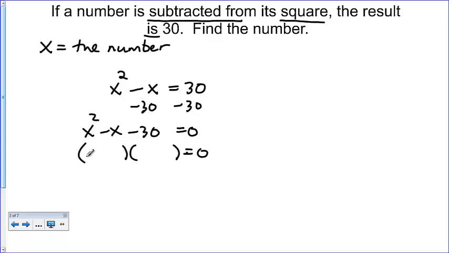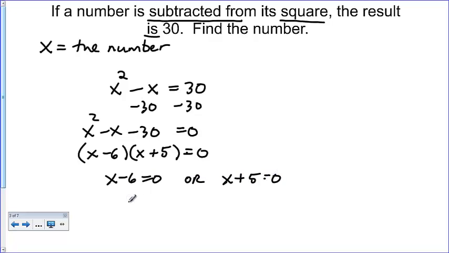Since the coefficient for x squared is 1, we know the first terms in both of these binomials will be x. I need two numbers that multiply to give me negative 30 and add to give me negative 1. That would be negative 6 and plus 5. The zero product property says that x minus 6 will equal 0, or x plus 5 will equal 0.